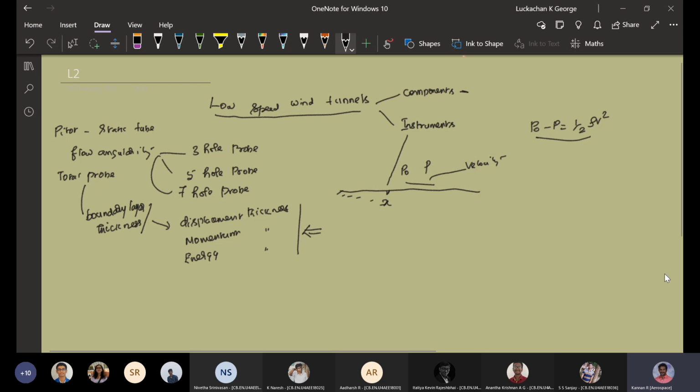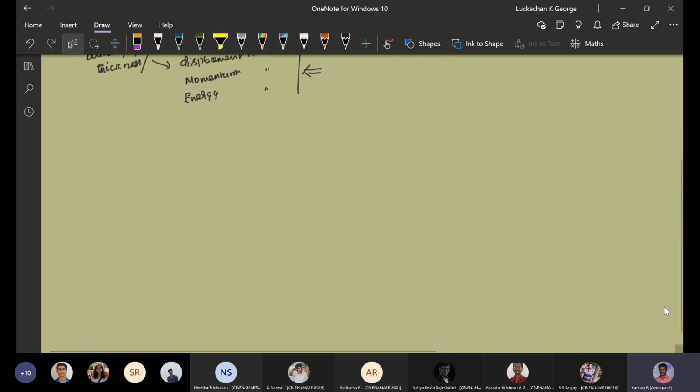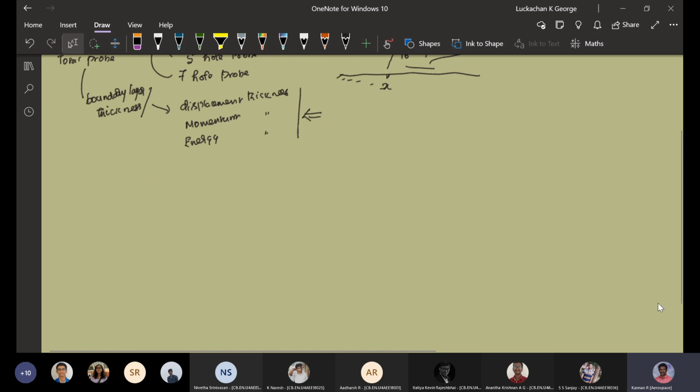Another thing we have to know is the in-tunnel measurement in the test section walls. For example, if you have a test section, one thing we are going to measure is the turbulence.